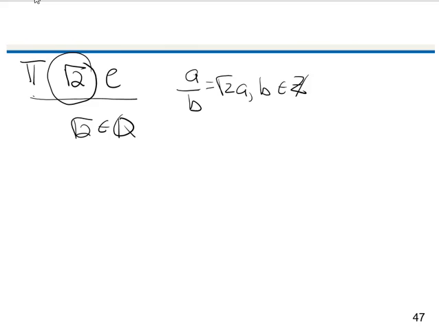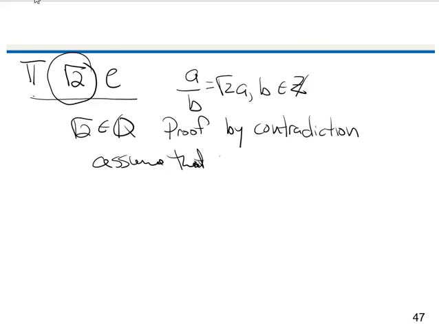Okay, so there's a way to do it. I'm not going to go through it here. You can look it up easily on the internet. It's called a proof by contradiction. So the idea is, I'll just give you the hint, the basic idea. You assume that the square root of 2 is rational.